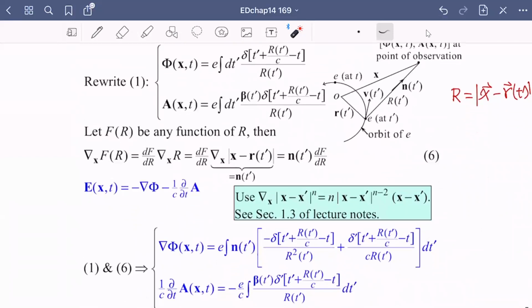Okay. This part just gives us n only. Very easy, just write it down and you can see here, it gives us n t prime. It's a unit vector from the source to the observer. So this one will give us a simple relation.